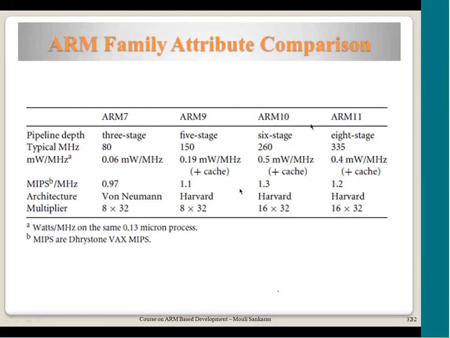I just wanted to give you a flavor of where the ARM family processors are going. You can see that the ARM10 family has a 6-stage pipeline and the ARM11 family has an 8-stage pipeline. So you can see that ARM7 is where it starts, and going forward everything is hardware. That means there are separate instruction and data memories, and there are multipliers with complex operations in the latest family.